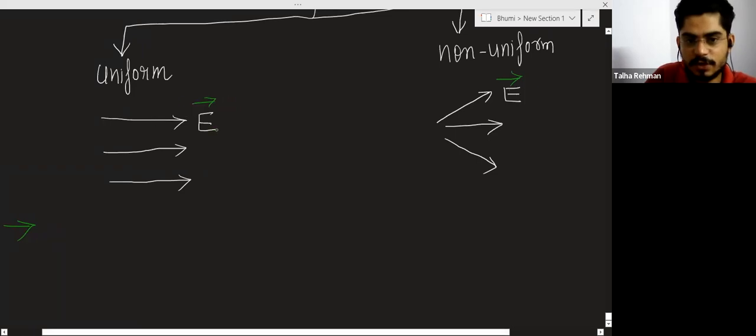See, the direction of the electric field is the same in this direction. So the direction and magnitude, the value of the electric field at any point, will remain the same.